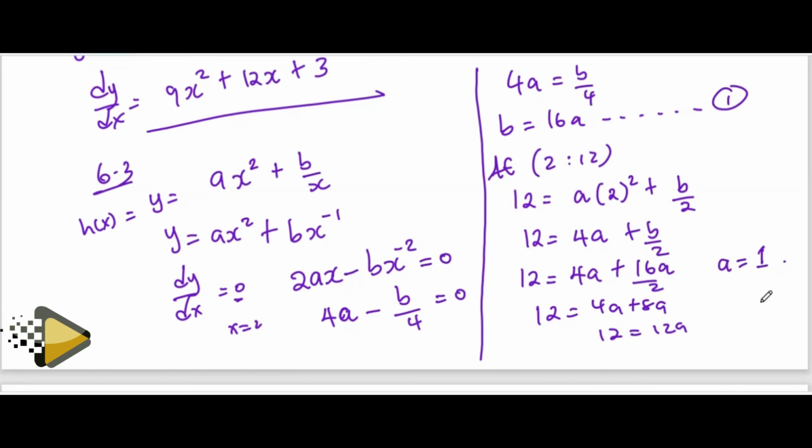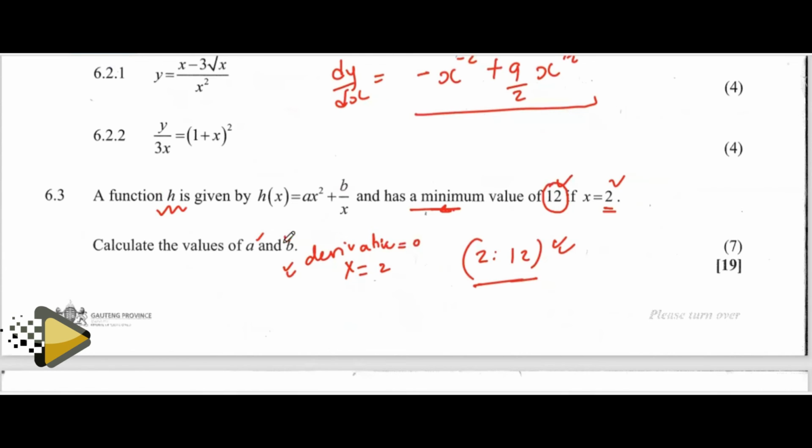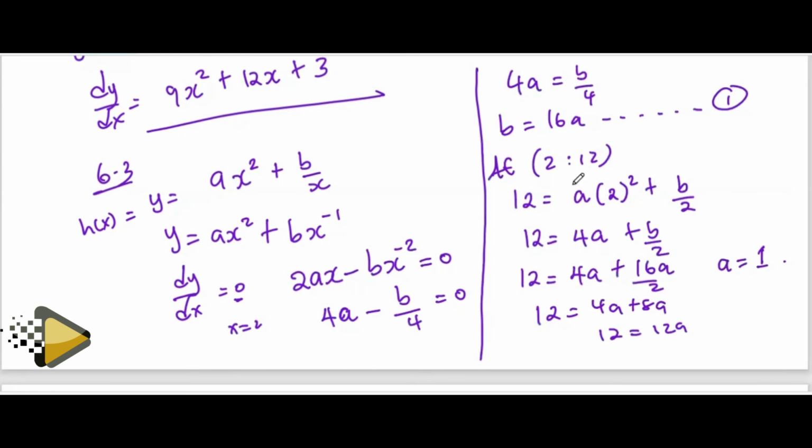Does that make sense? A is a 1. What was the question asking for? To find the values of a and b. Okay. Then I just need to replace this a into equation 1, because this was equation number 2.